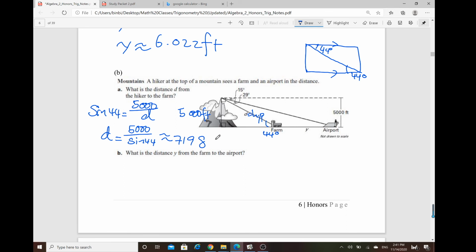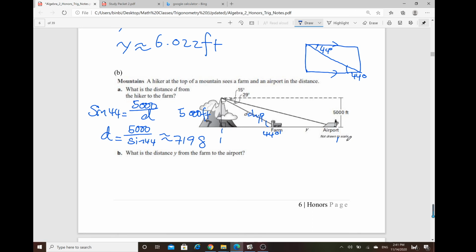And what about the distance y from the farm to the airport? Okay, so the base distance here. In order to get this distance, we need the distance from the base of the mountain to the farm, and also the distance from the base of the mountain to the airport. So we've got to be careful: we do have two different triangles here.